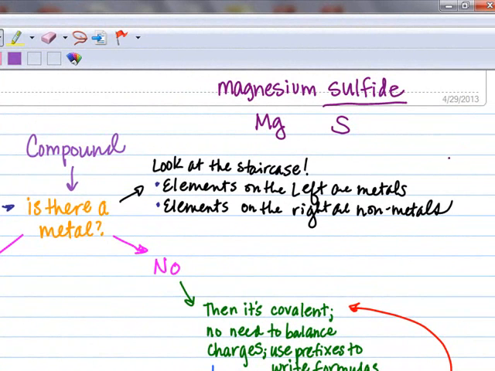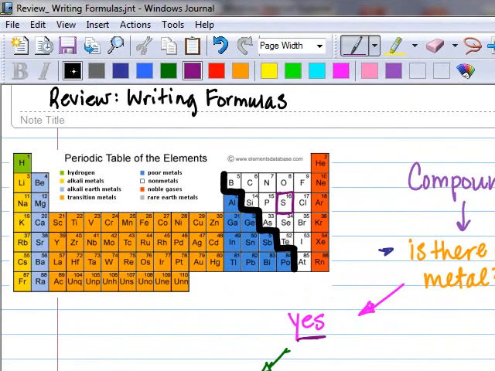I'm going to number the columns, the families, as they go across. My first column is 1, 2, 3, 4, 5, and I'm just going to keep on numbering. You don't have these numbers on your chem helper, so you just have to be able to count for yourself.